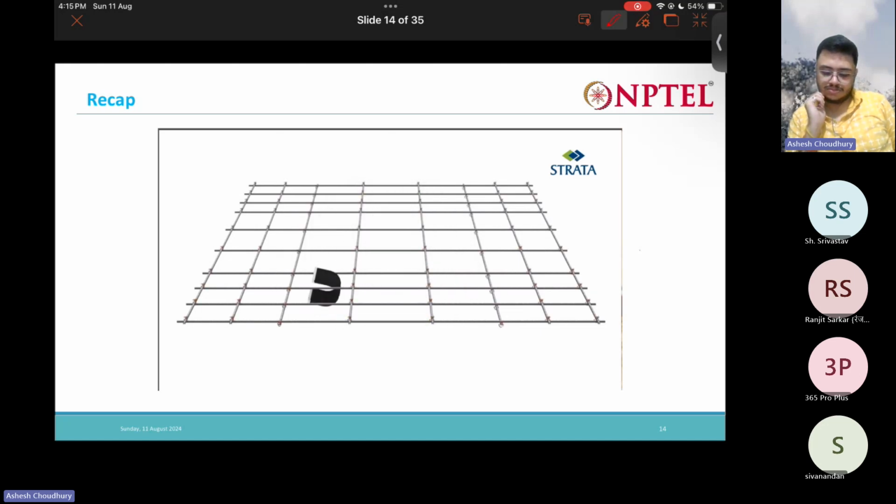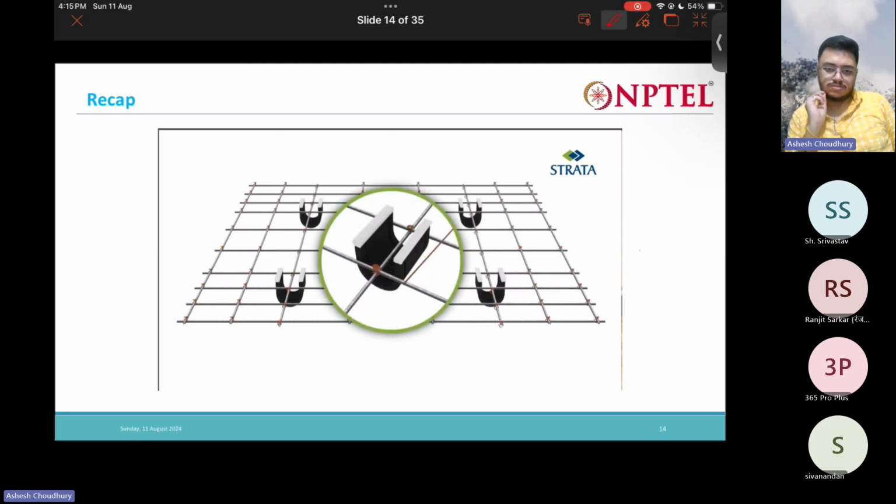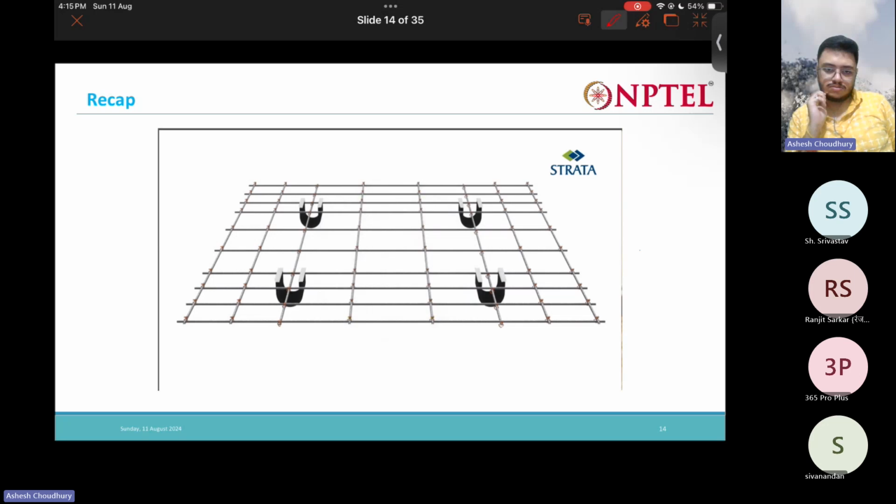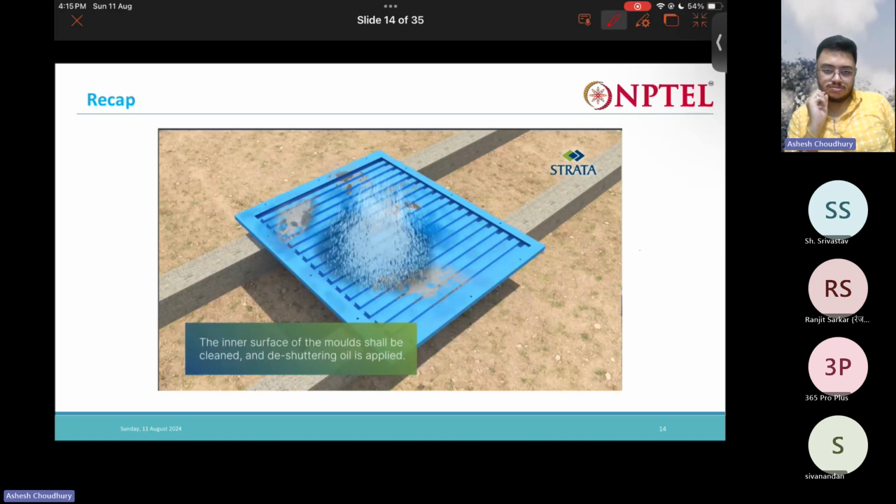The Strata Connect inserts must be placed in position within the assembled cage and tied to the vertical bars with binding wire. The surface of panel mold has to be perfectly leveled.